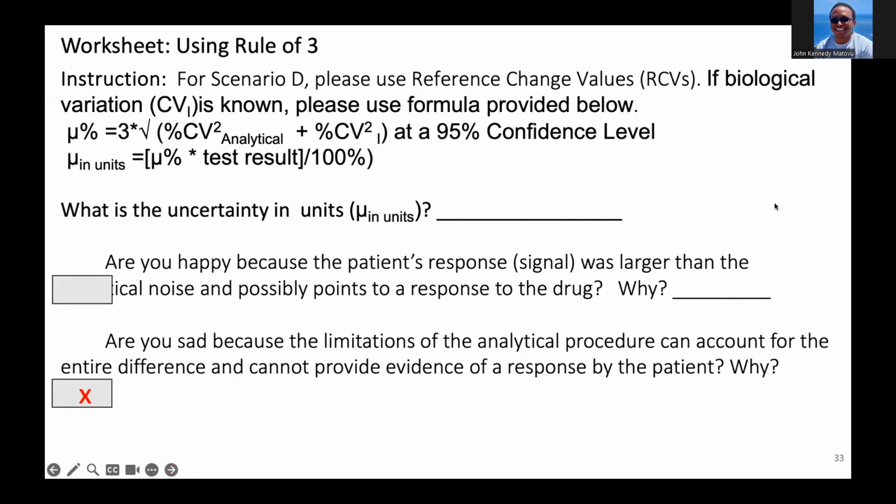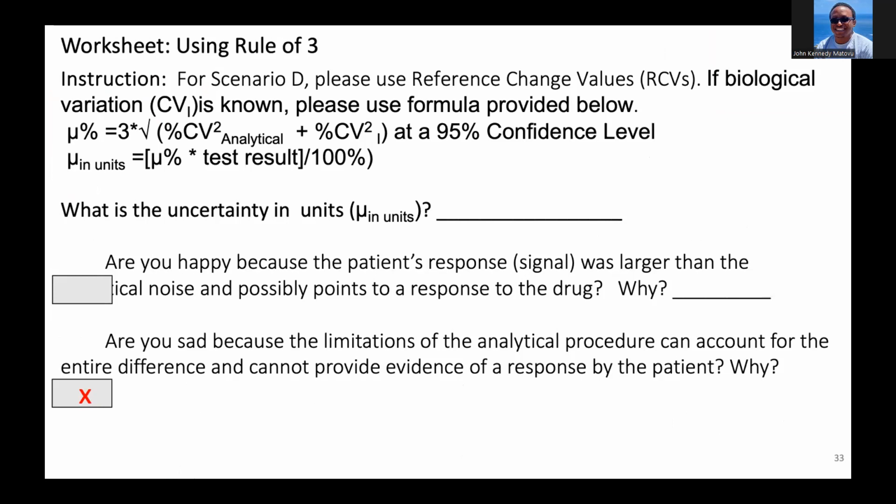Then in the final scenario, which was D, we had a little bit more of a complicated scenario where we're not just looking at the percentage CV, we're not just considering our analytical variation, but we're also looking at biological variation as well.